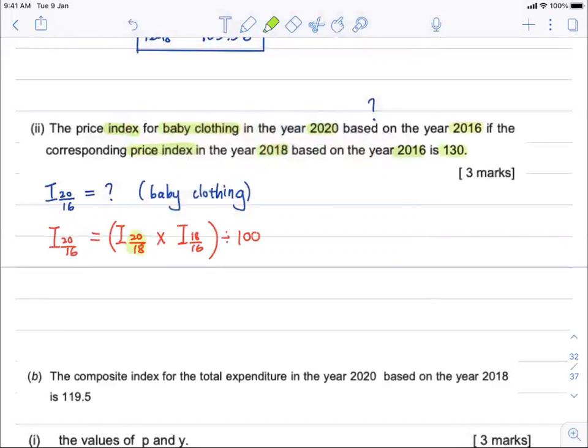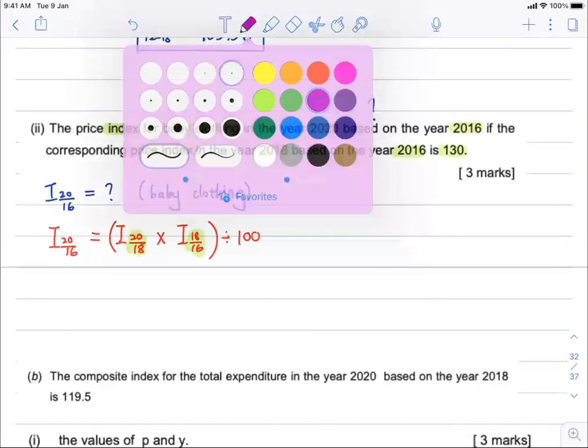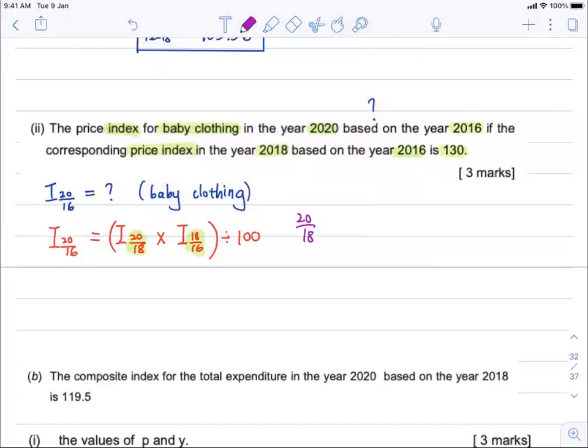So this part basically is very similar to chain rule. If I pull them out, 20 over 18 from here, multiply by 18 over 16, cancel off, we'll get 20 over 16, which is from here. You can see they are the same thing.